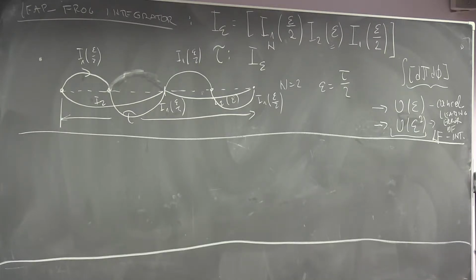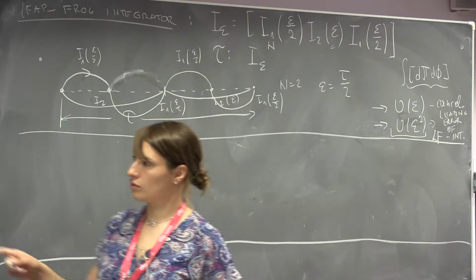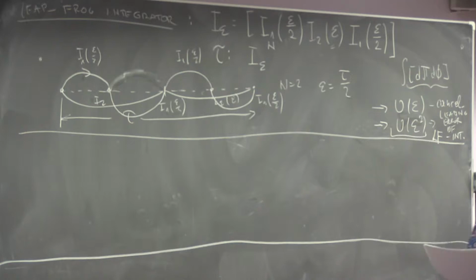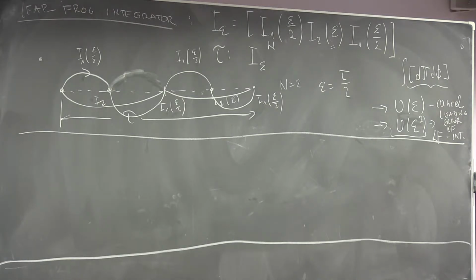Yeah, exactly, thank you. So if you write down the Jacobian for the change of both of the coordinates, the determinant of the Jacobian has to be equal to 1.